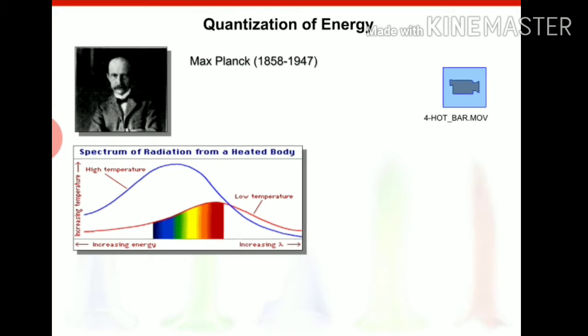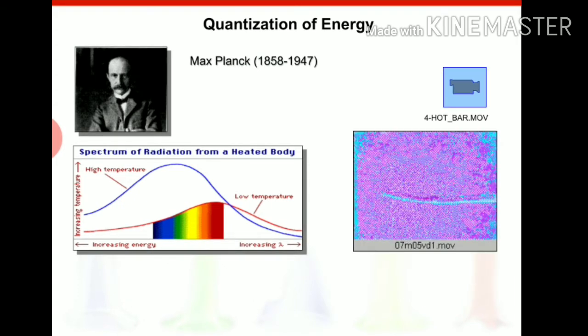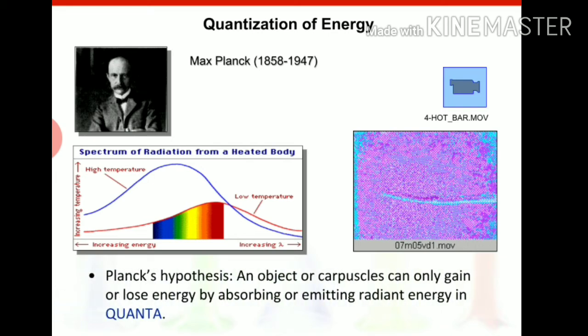The scientist Max Planck said that objects or corpuscles gain or lose energy by absorbing or emitting radiant energy in the form of quanta. That is, Max Planck said light consists of particles.